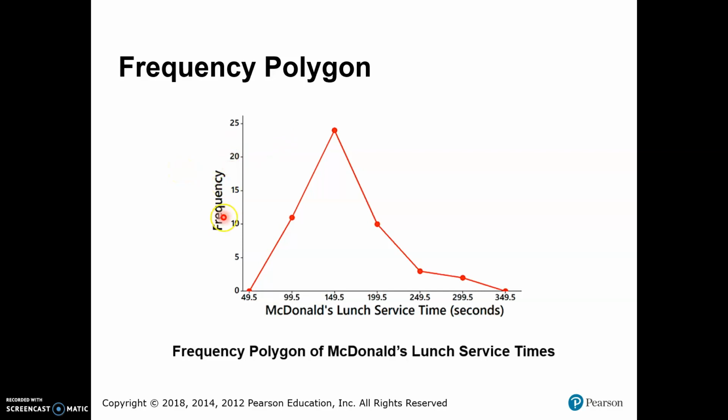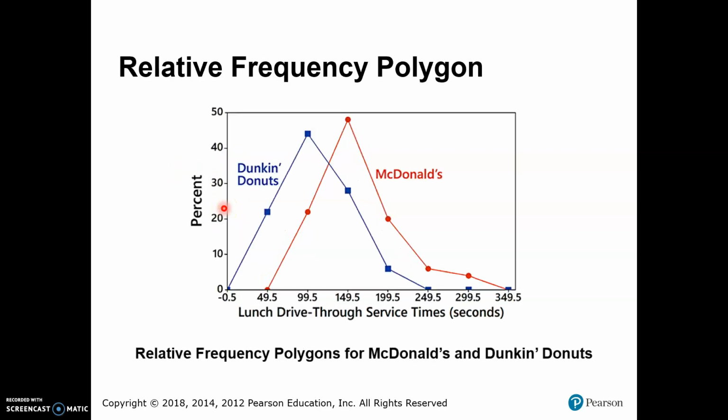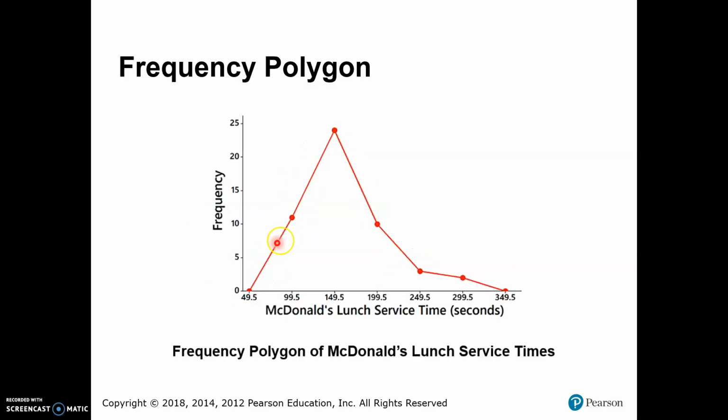If I can do it with the frequency, I can also do it with the relative frequency. So without the bars, we have just a dot and we connect those dots together with segments like this. We call that a polygon.